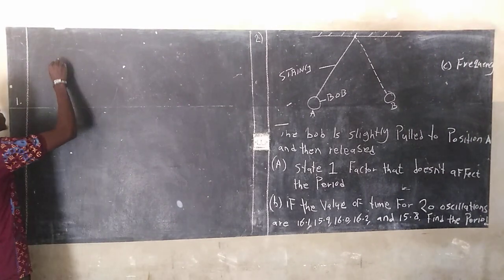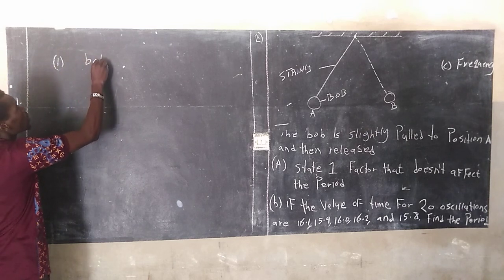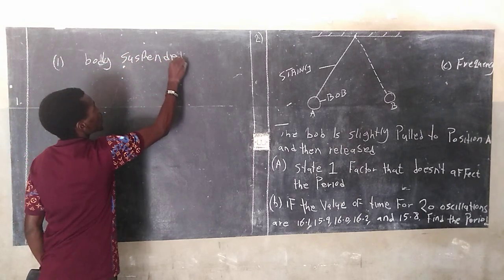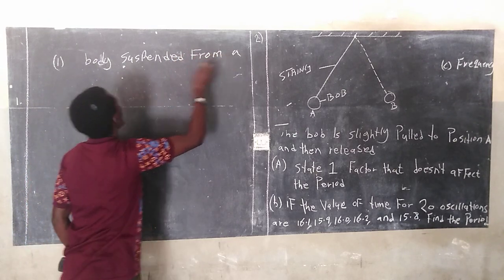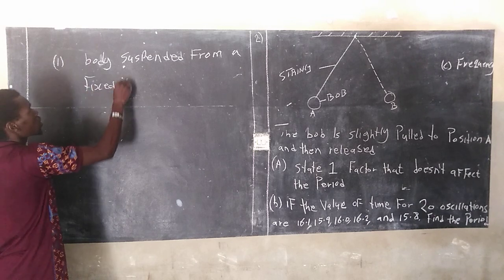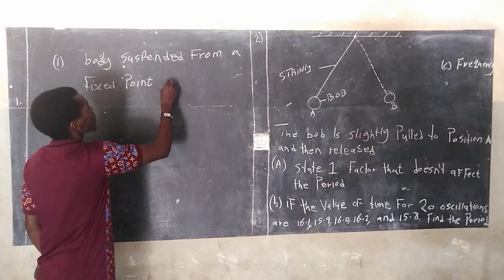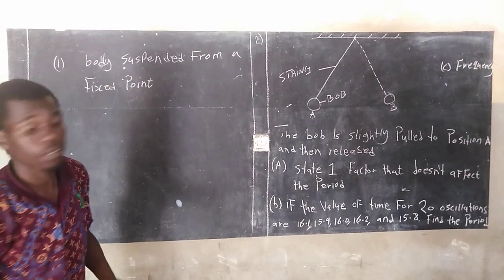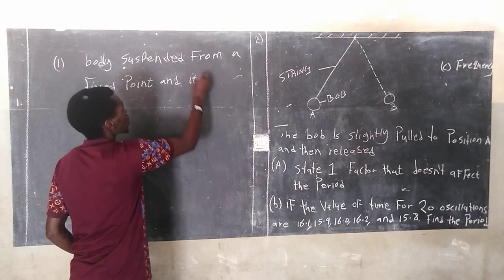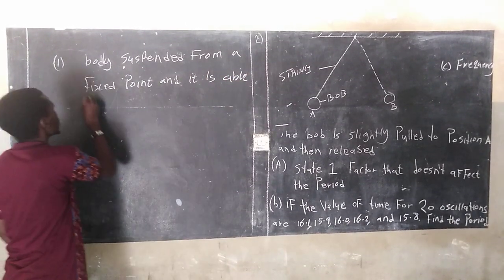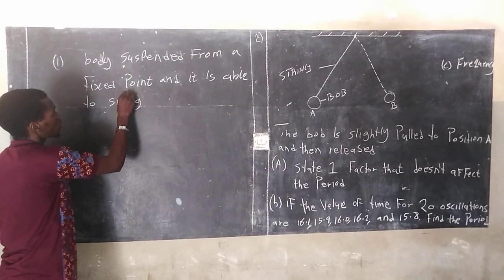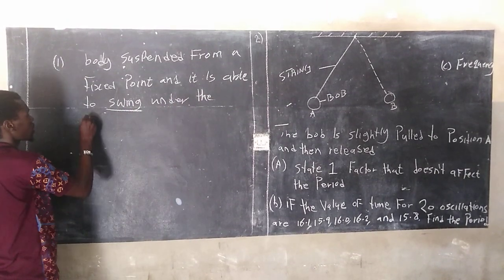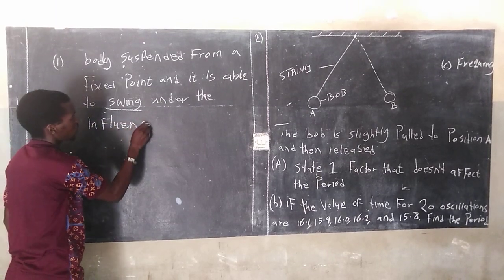I said a pendulum, let me write it here, is a body suspended from a fixed point and it is able to swing, very important point, under the influence of gravity.